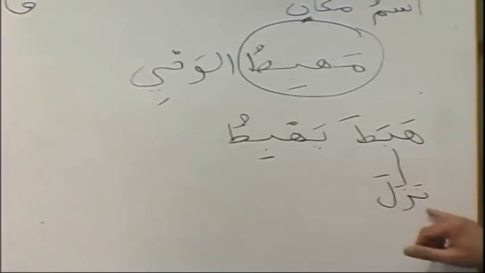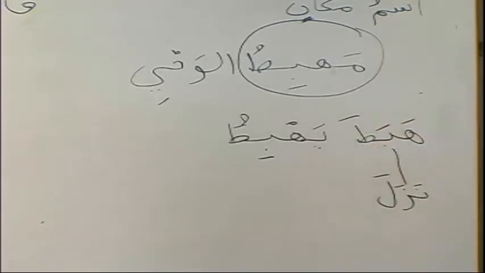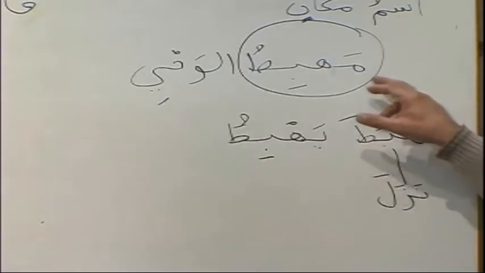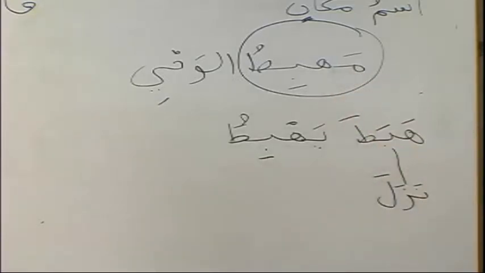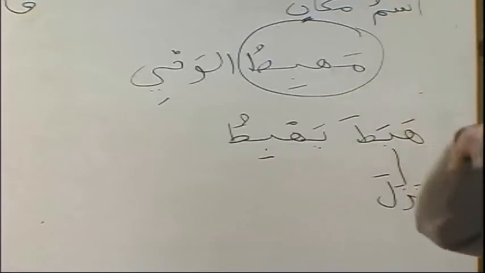Habata. What is the meaning of habata? To come down. No. Habata, which means nazala. Habata yahbitu. Now brothers and sisters, we learn in our lessons, ismu makan and ismu zaman. So when you say mahbit, it is the ismu makan. Ismu makan of what? Wahi. Where the wahi came down. Are you with me, brothers and sisters?